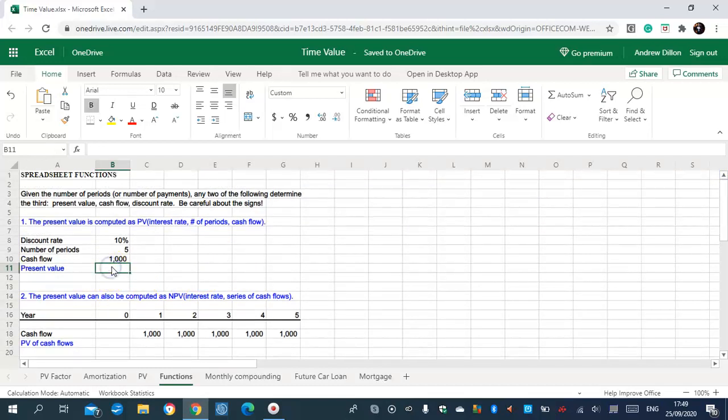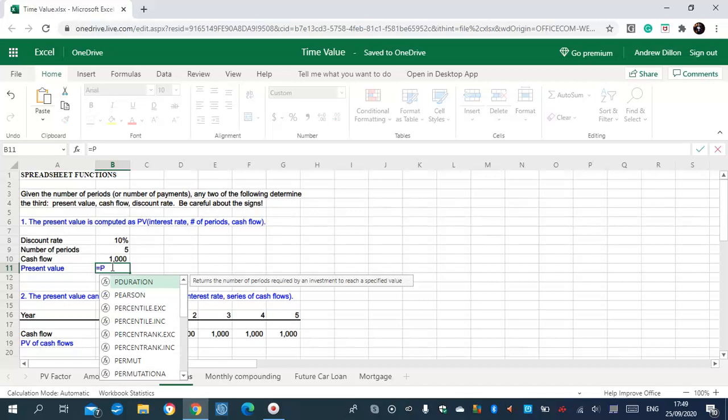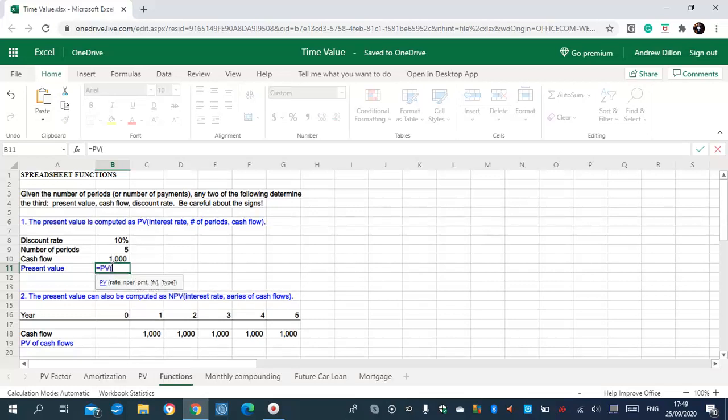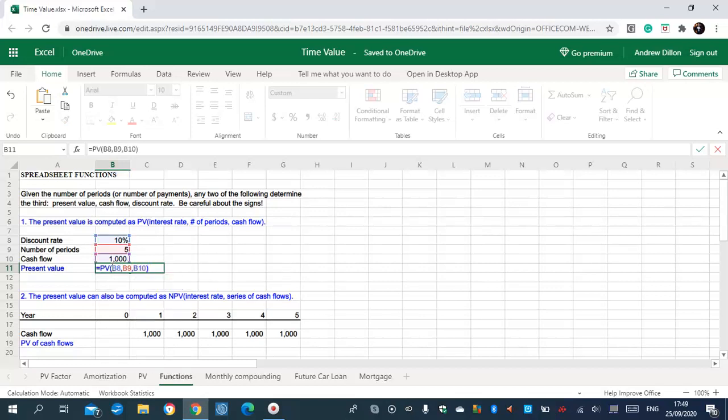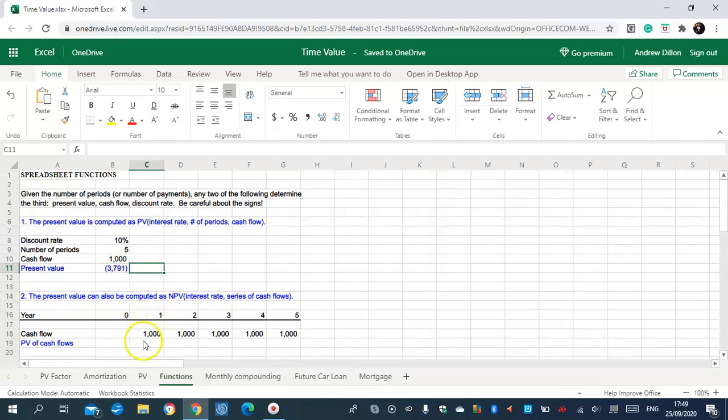So I'll calculate present value in the function sheet. It's 3,791. Okay, so now I have to calculate the present value of cash flows.